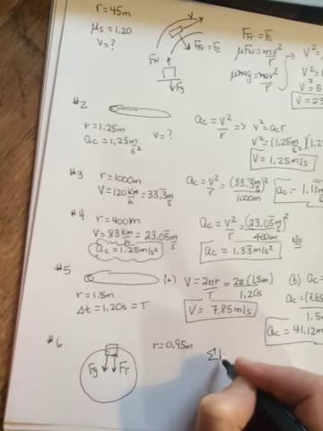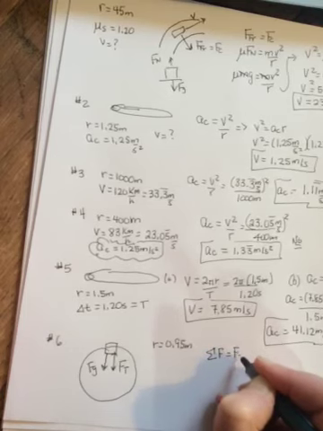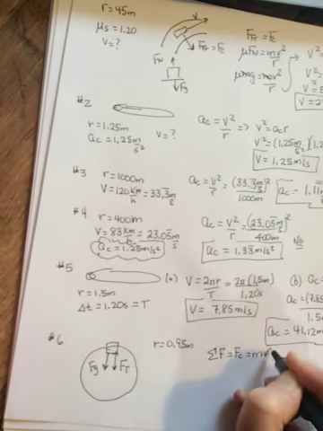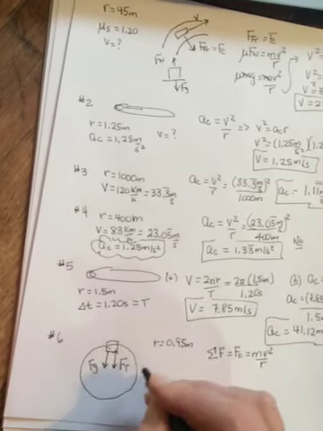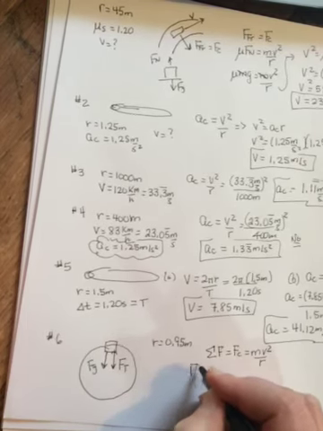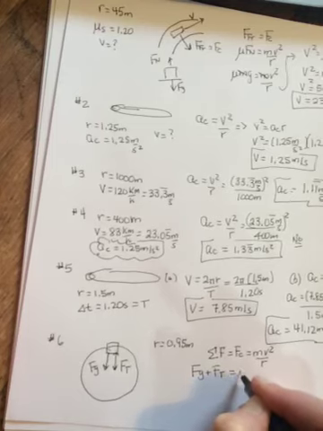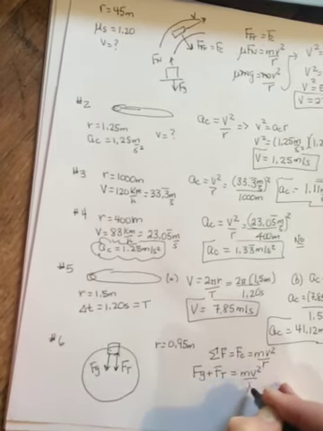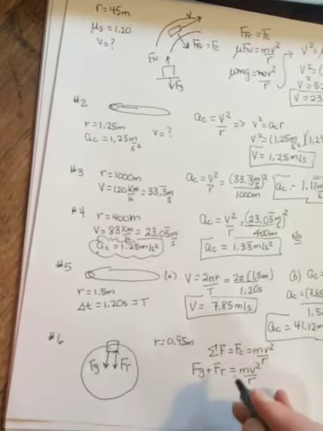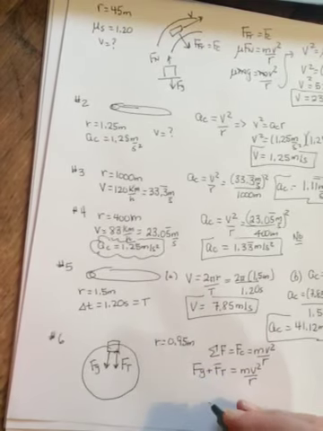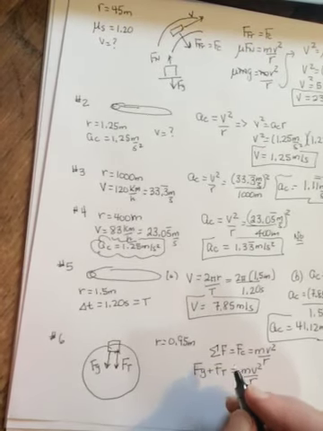And so we know that the sum of the forces, or Fc, has to be equal to mv squared over r. They are both acting towards the center, so they're both going to be positive. Fg plus Ft equals mv squared over r. So for the water to stay in the bucket, these two sides have to be equal. It asks for minimum speed.